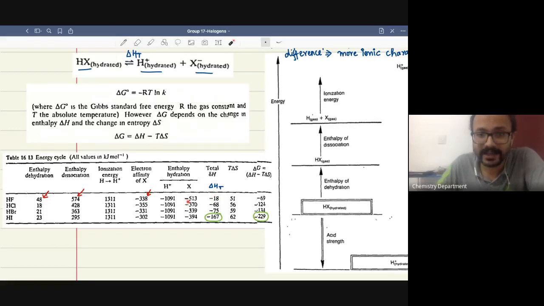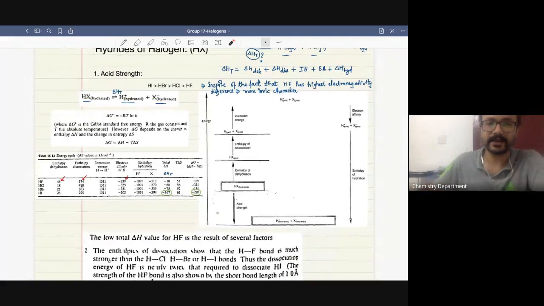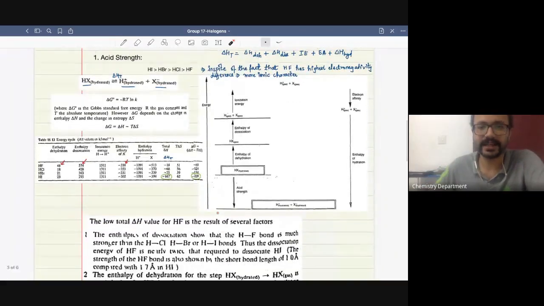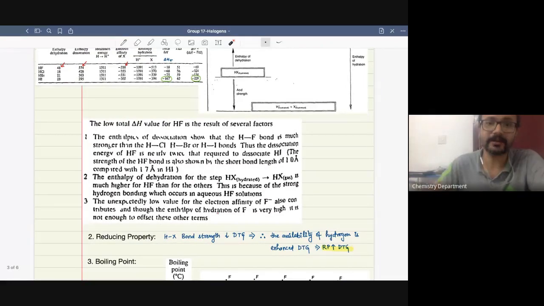Though we see a very high heat of hydration for fluorine in comparison to iodine, even though it is highly negative, this is overcome by the high positive values for HF, and that is why it is less acidic in comparison to HI, that is hydroiodic acid. So that is the reason we see a great reduction in the HF acidity in comparison to HI.